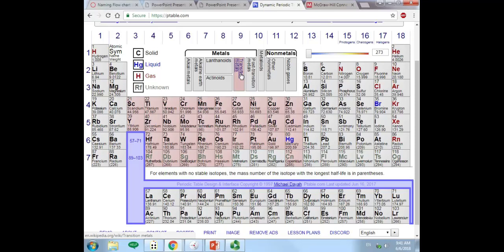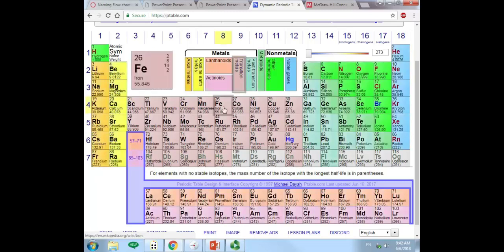So let's say we have this compound and this compound. I know that's a metal, it's in that sideways rectangle, so that means in the name you have to communicate what the charge is, because we don't say iron trichloride. We don't use prefixes.